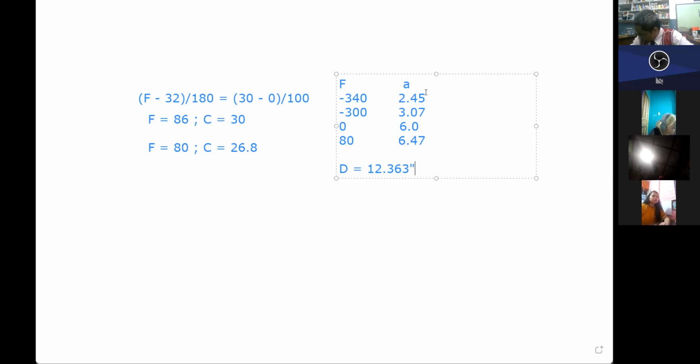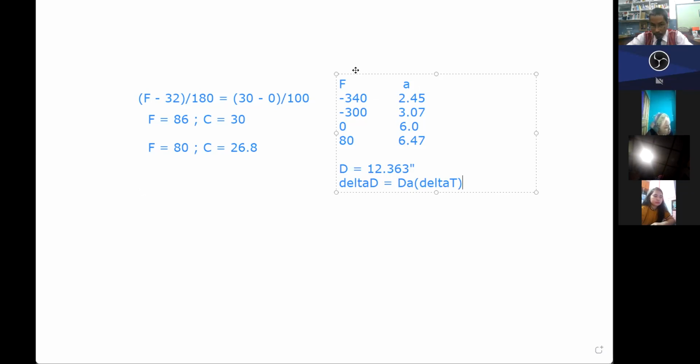So let us find therefore the delta. Delta D is equal to, of course, diameter times alpha times delta T. Okay. So let us do this using our calculator with this table.